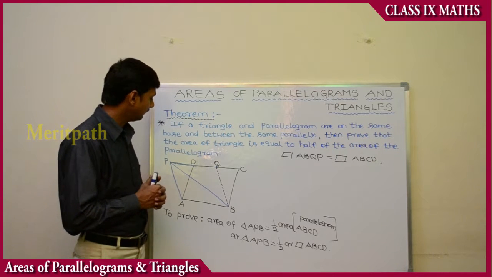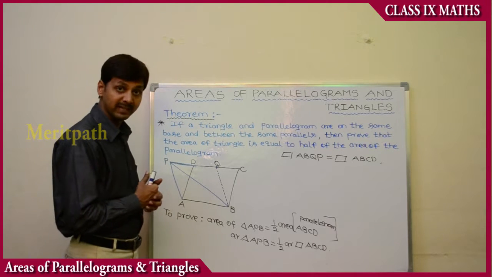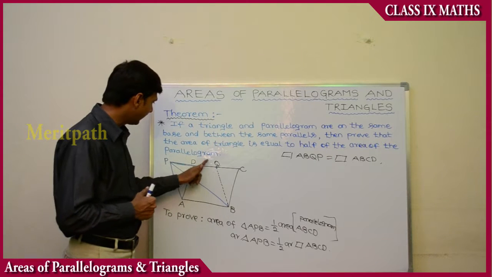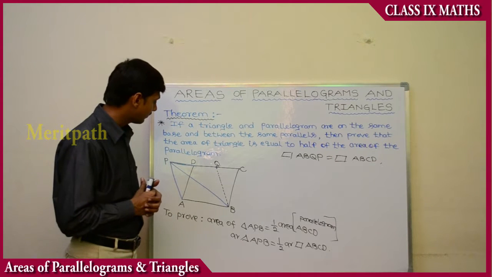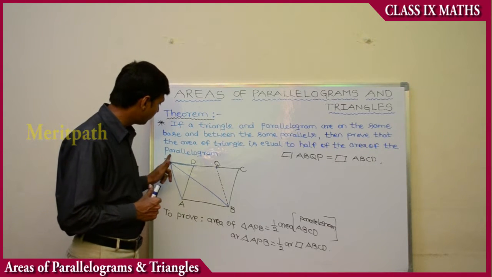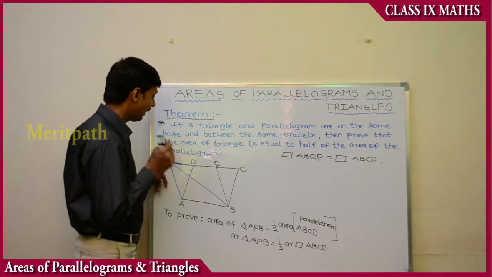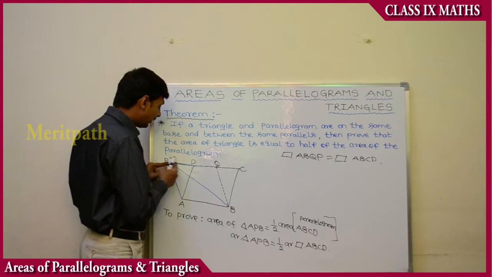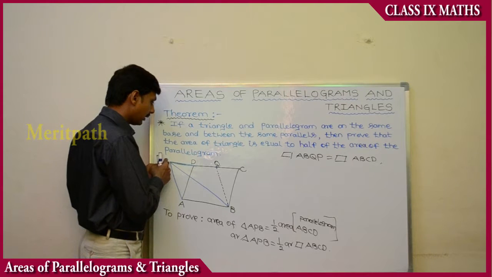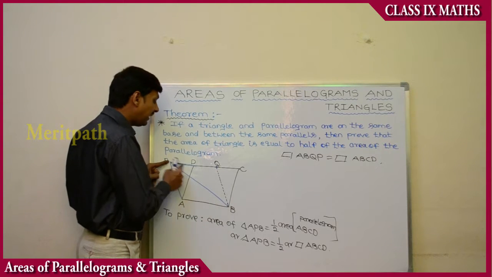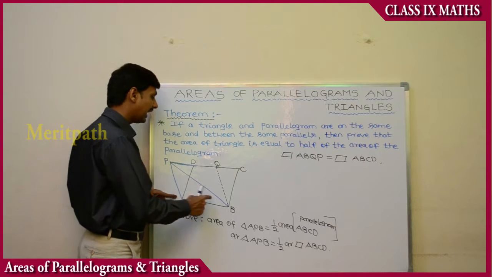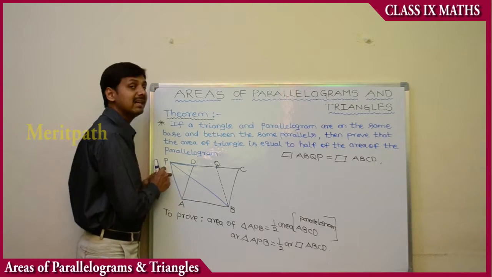So let's see here. ABQP is one of the parallelograms. In ABQP, BP is the diagonal.